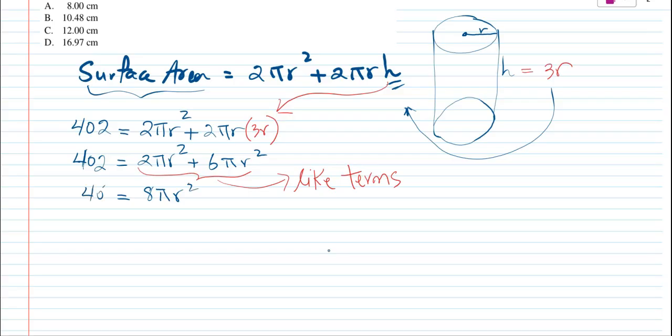And 402 is the surface area. Now we have this equation, and we're solving for r. So we divide both sides by 8 pi, because we need to isolate r squared first.